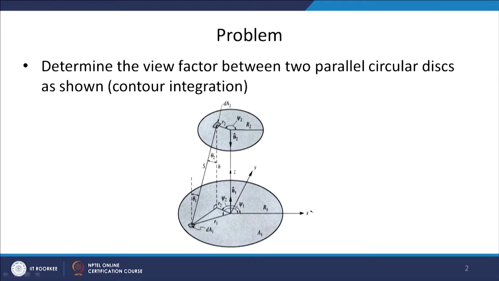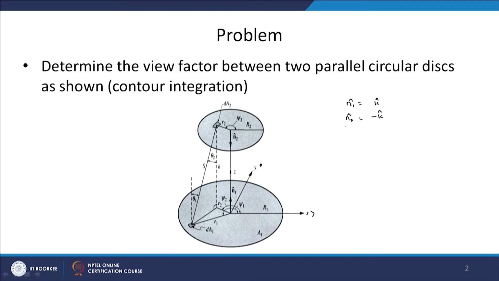If you just look at the problem, let us understand the coordinate system used. So, we have x direction, y direction and z direction is pointing upwards. So, n1 vector is equal to k cap and n2 vector is equal to minus k cap.